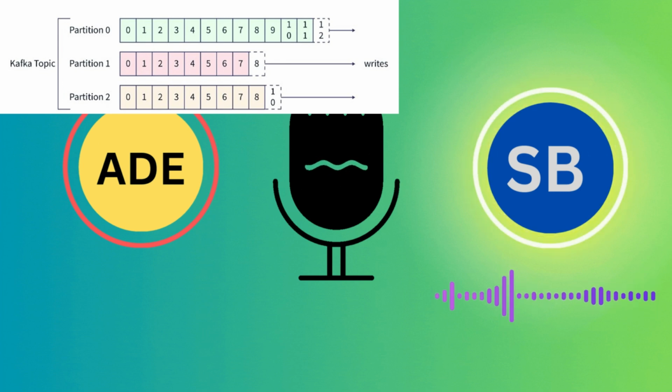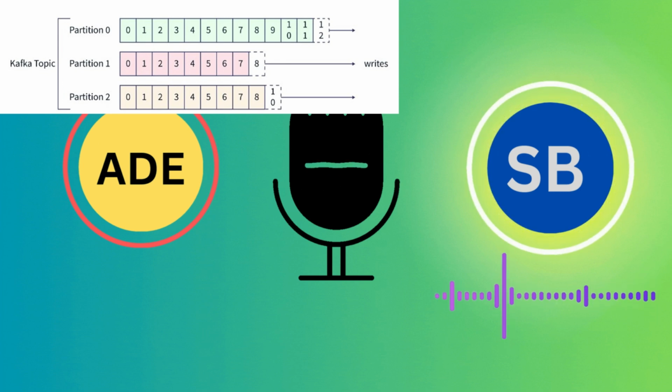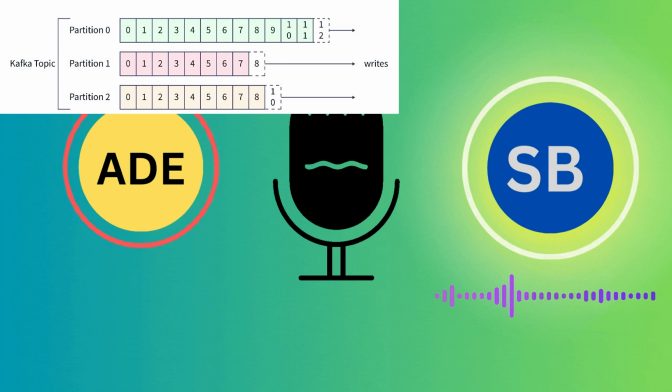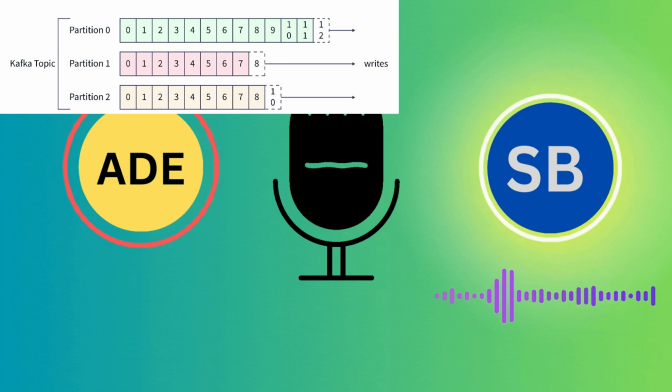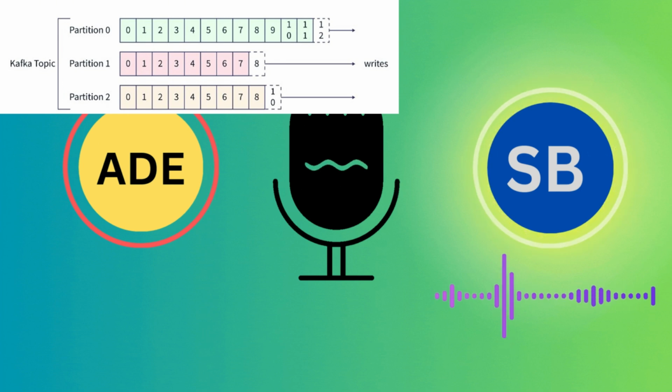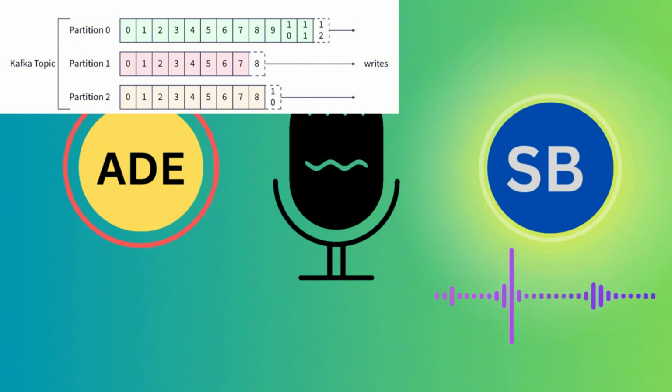Similarly in Kafka, a topic is a logical channel to which records are published, and it acts as a category or feed name to which all the messages are sent. Each topic can handle multiple producers and consumers, facilitating a publish-subscribe model.